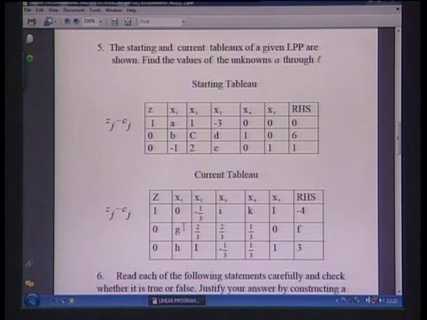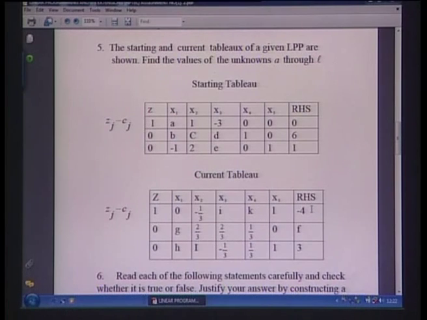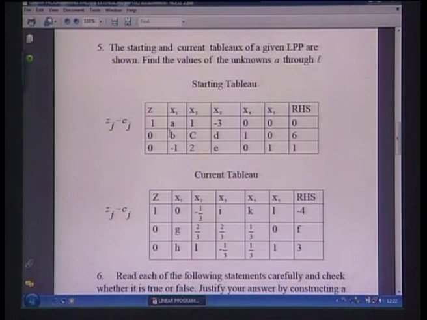Now in the current tableau, this is 0, so you know the Cb B inverse. If you know the Cb B inverse, then you can find out what a would be. So just remember the formula I have given you and what should be the current values starting from this tableau. You can compute all the unknowns that I have asked you to compute.